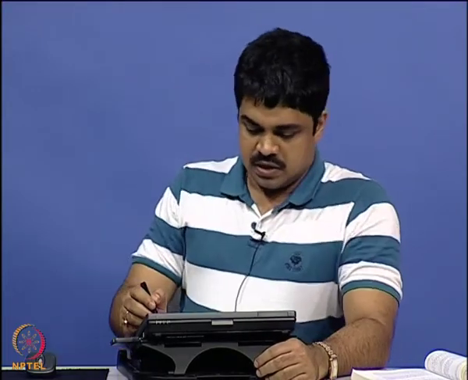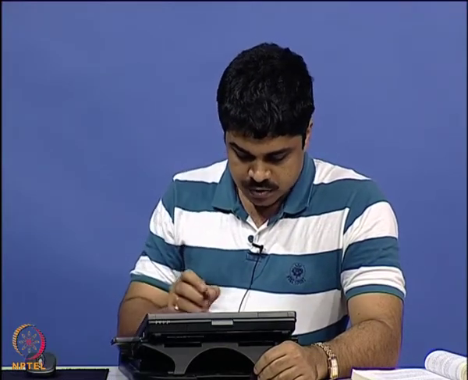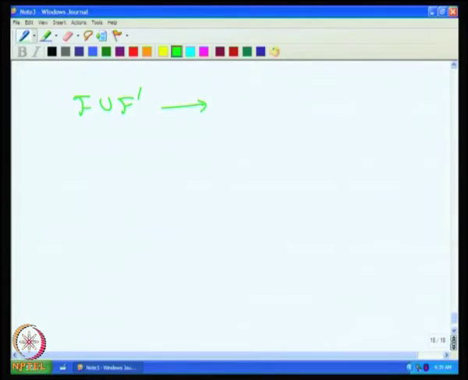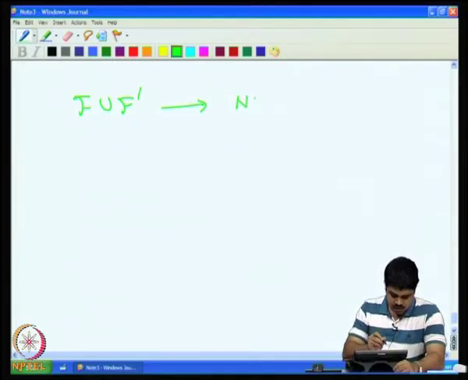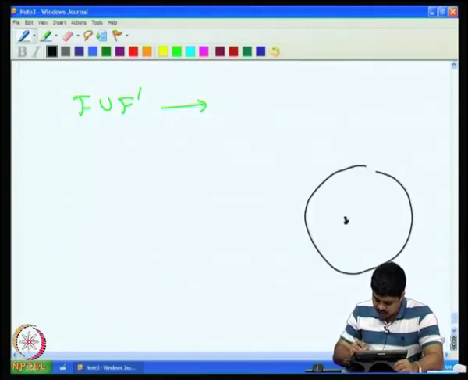Now, because it is a total order, with respect to the first one, corresponding to F union F dash, we can create an ordering, a permutation. We can use another notation for that, h. So corresponding to this, we go to the complete graph and look at a vertex numbered i.